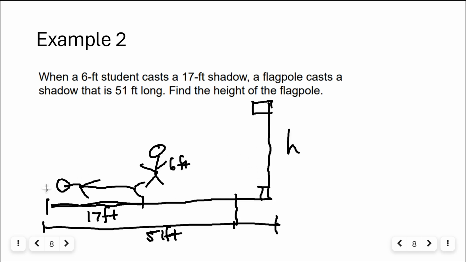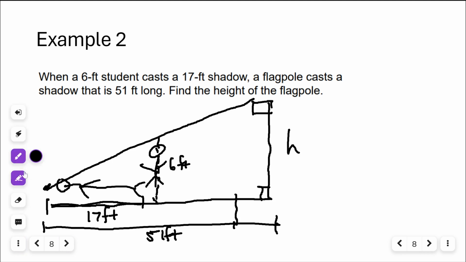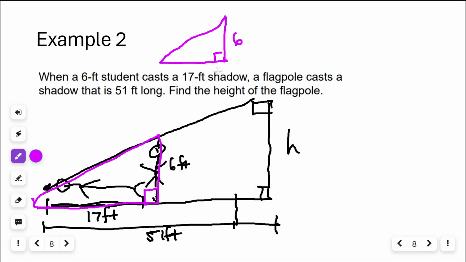All right, so what I'm going to do is I'm going to connect all this stuff. And hopefully you see that I make 2 right triangles. Let's show them to you. That's one there in purple. So I'm going to draw it up here. This side is 6. This side is 17.